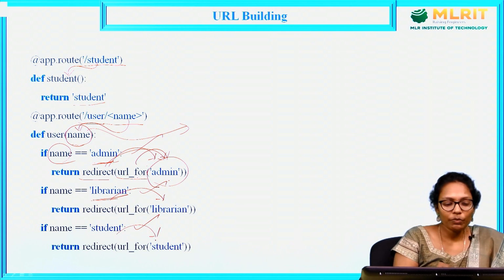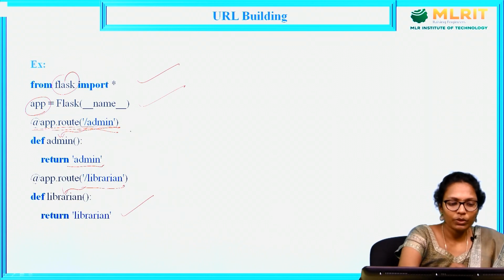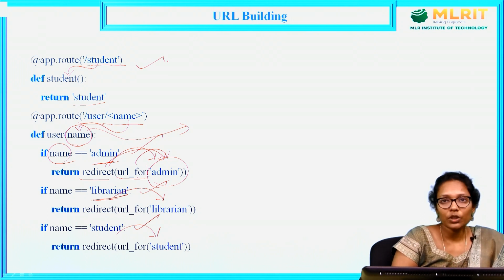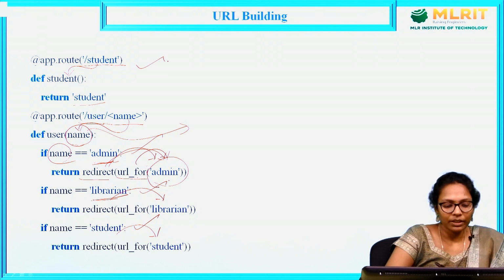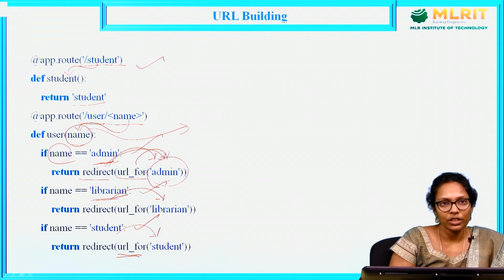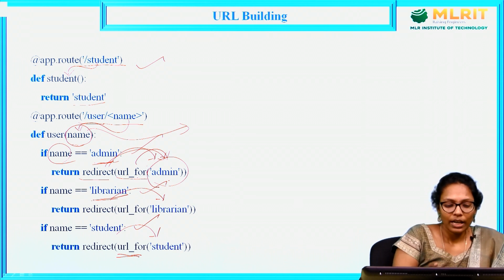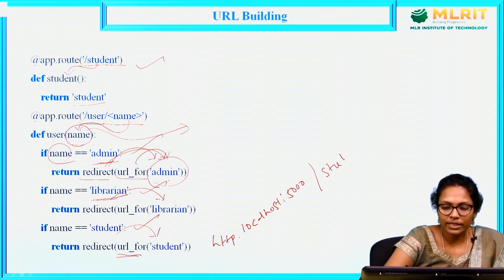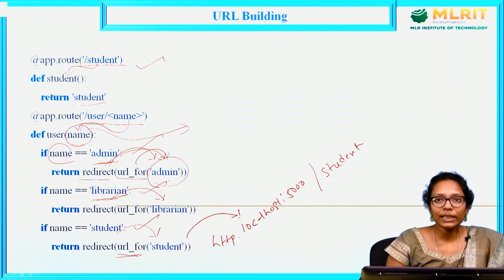Here, for the student URL, you're not giving the URL directly. For admin, librarian, and student, we already have URLs, so you are just using them here with the url_for function. You're not using the complete URL. We know the complete URL is http://localhost:5000/student, but I'm not writing that complete code here.